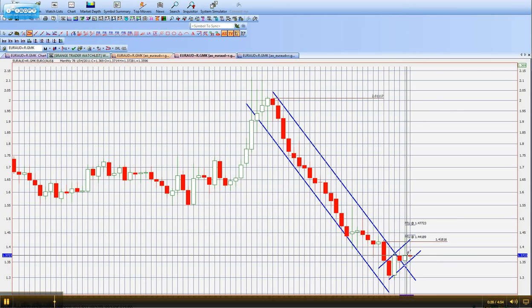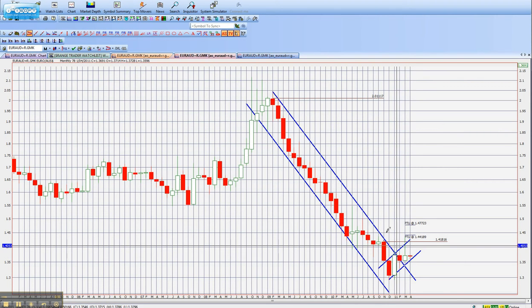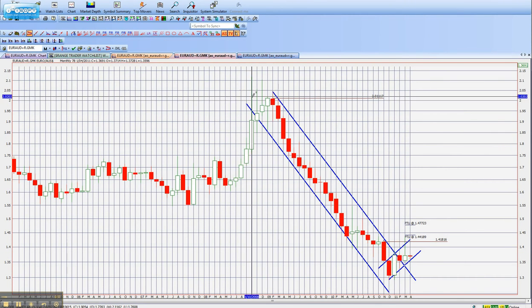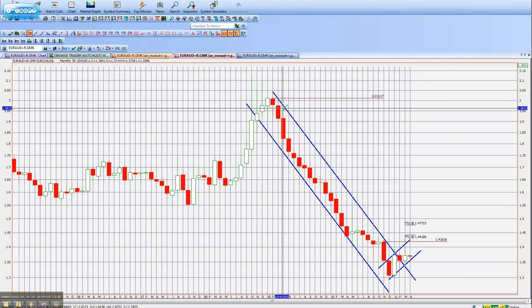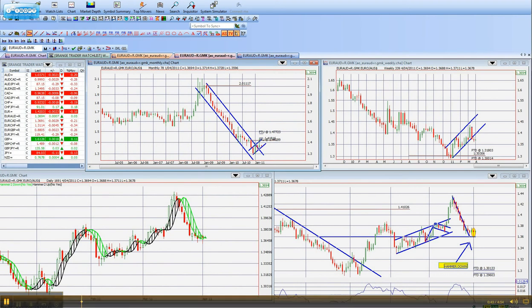Now that could well indeed signify a bearish reversal. As you can see up the top here, we had shooting stars and then we had this massive drop. So let's just home in a little bit on the weekly.